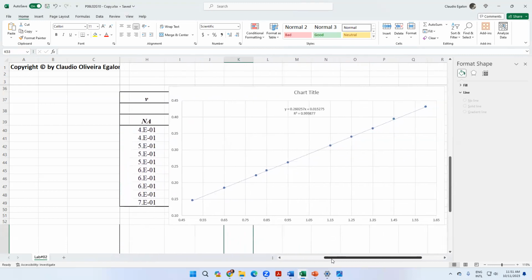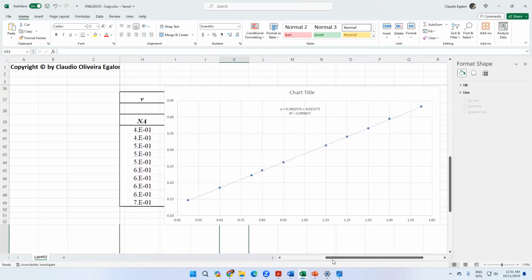Well, yeah, it's really not the same, so you have to adapt to your data points. My data points are different, and are going to be different from anybody else here in the classroom. So you have to play with your own data points until you get a nice graph, just like that. You optimize as much as you can. Okay.